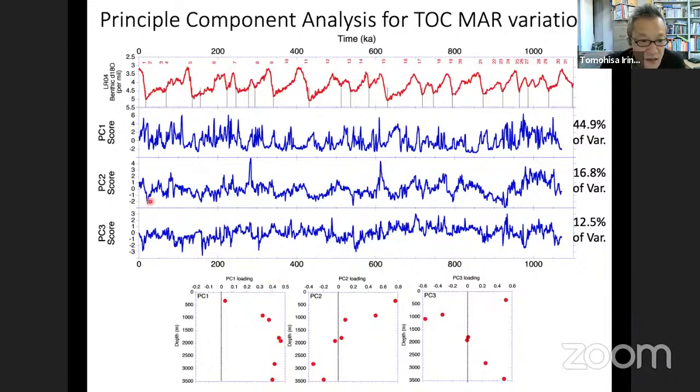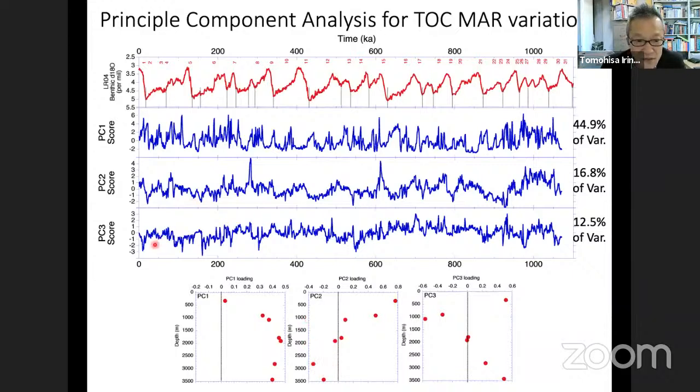And in the case of PC2, positive score means relatively higher TOC flux in the shallower part and relatively lower organic carbon flux in the deeper part.